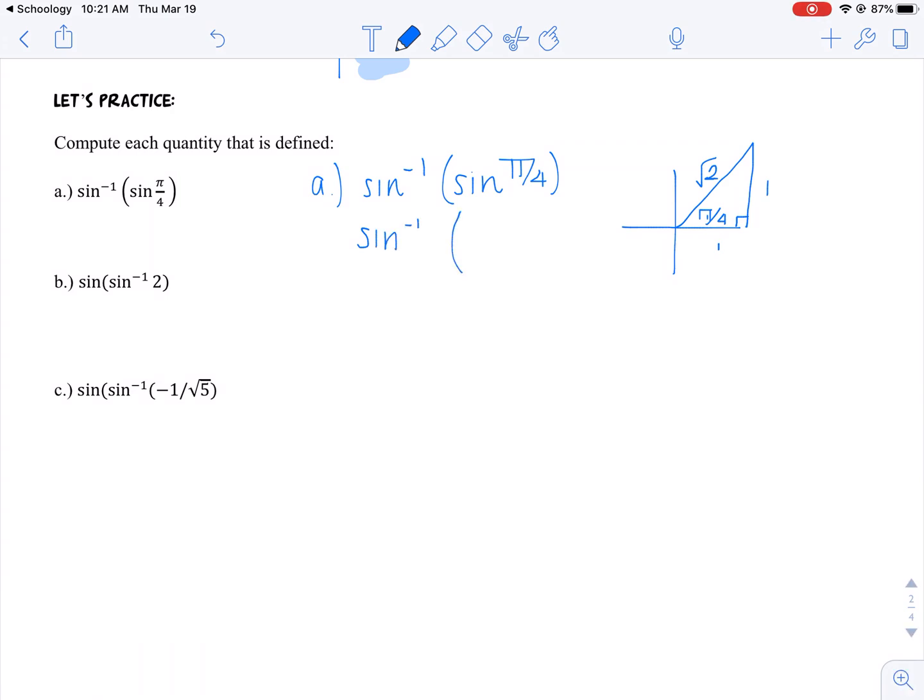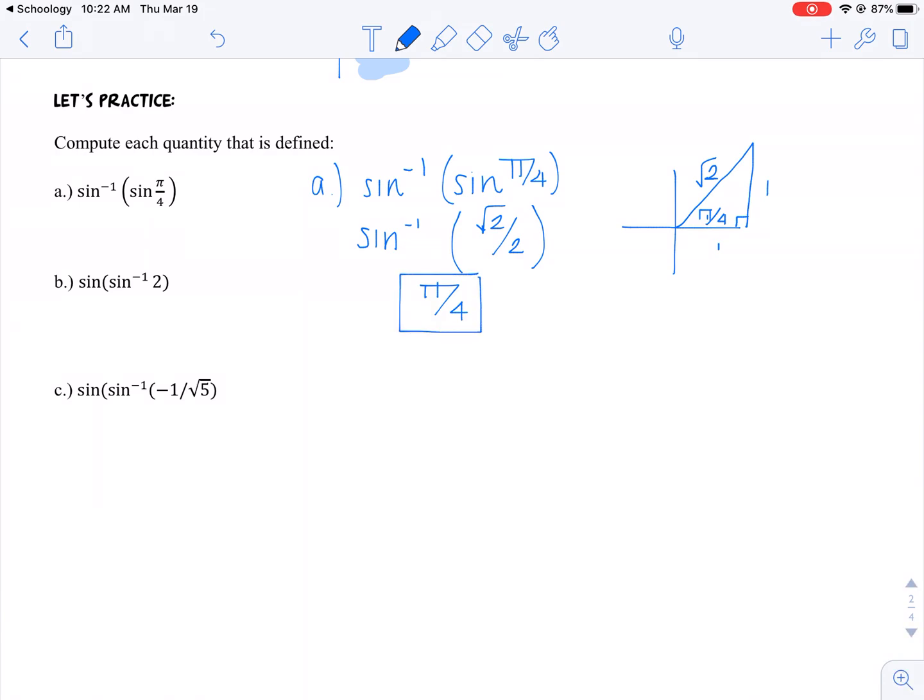Sine of pi fourths is root 2 over 2. I'm just telling what is the sine of that angle. Now I'm going the other way. Well, sine inverse of root 2 over 2, I'm asking what angle gives me root 2 over 2. Well, that's easy. Pi over 4.